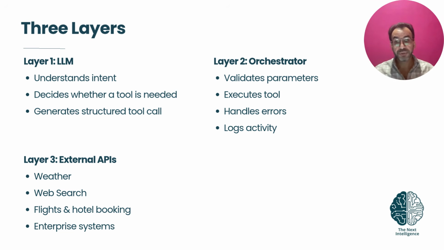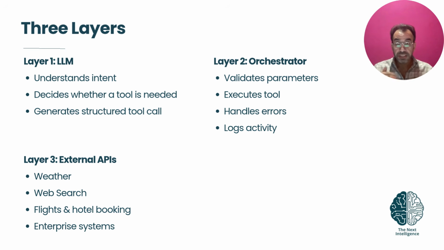Here we differentiate between three layers in this architecture. The first layer is the LLM, the large language model, which decides whether a tool call is needed, and then generates a structured tool call after it selects which tool to call.